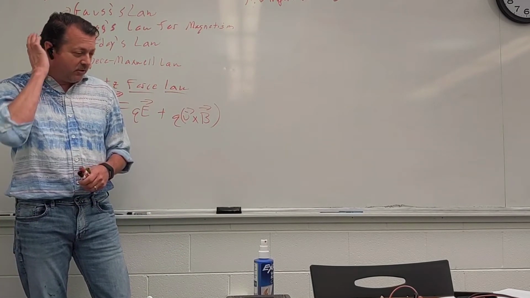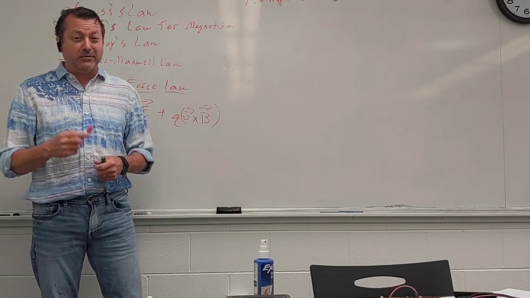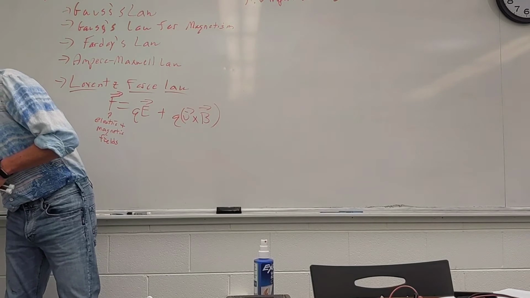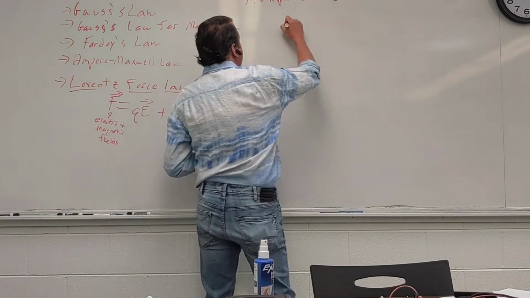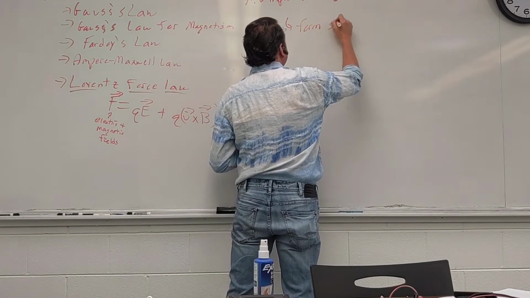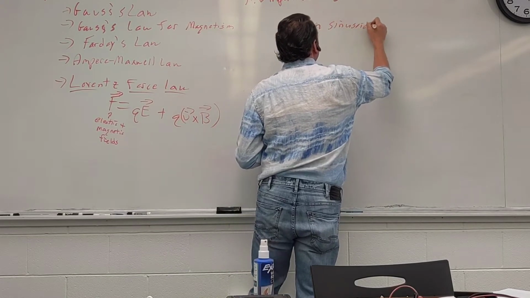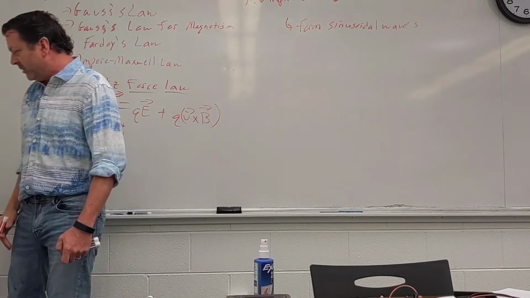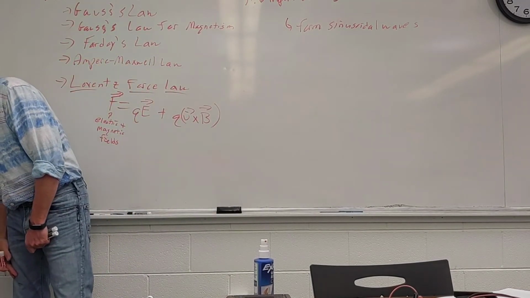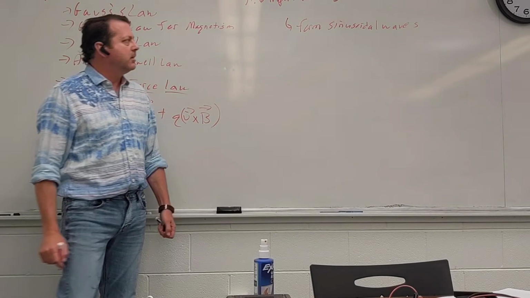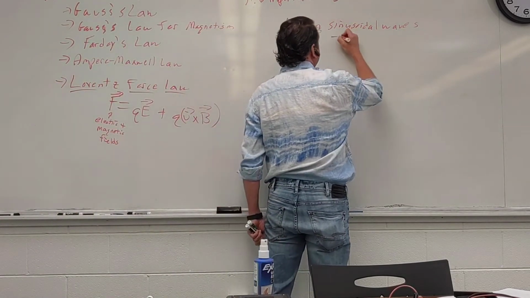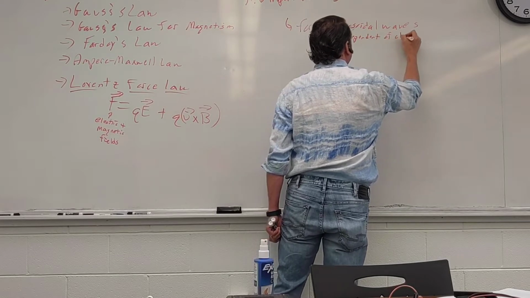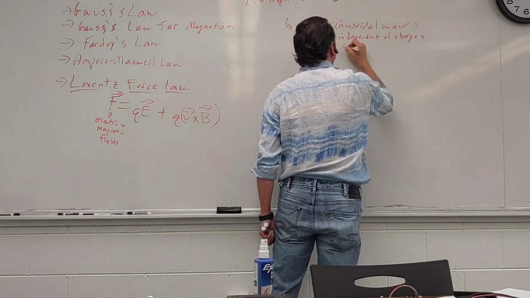In that situation, Maxwell said, all right, there are a few properties of these things. One of the properties is they form sinusoidal waves. These waves are independent of charges or currents.